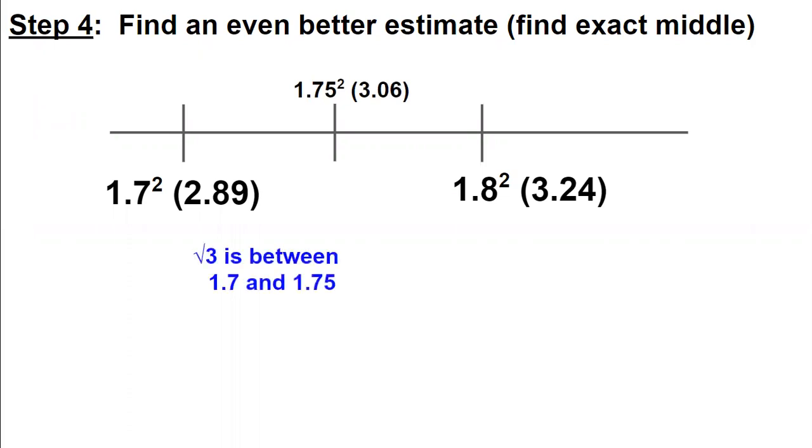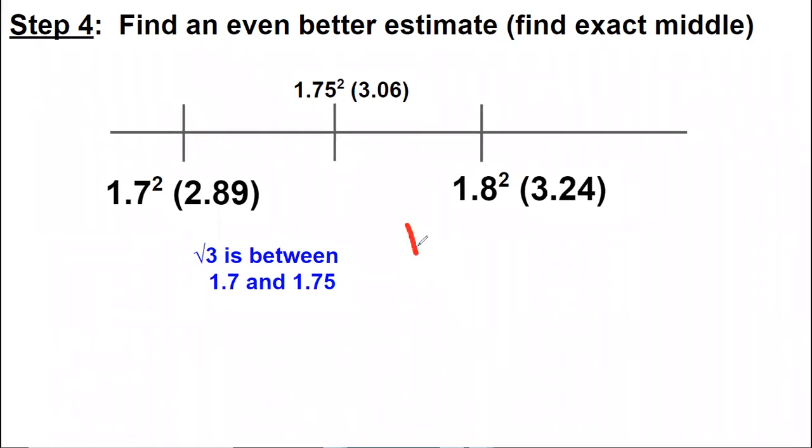So square root of 3 is between 1.7 and 1.75. Now, where did I get the 1.75? Well, one way of finding it is to do the middle. So find the average, the very middle between 1.7 and 1.8. So to do that, I'm going to add 1.7 and 1.8. 7 is 15, carry the 1, 3.